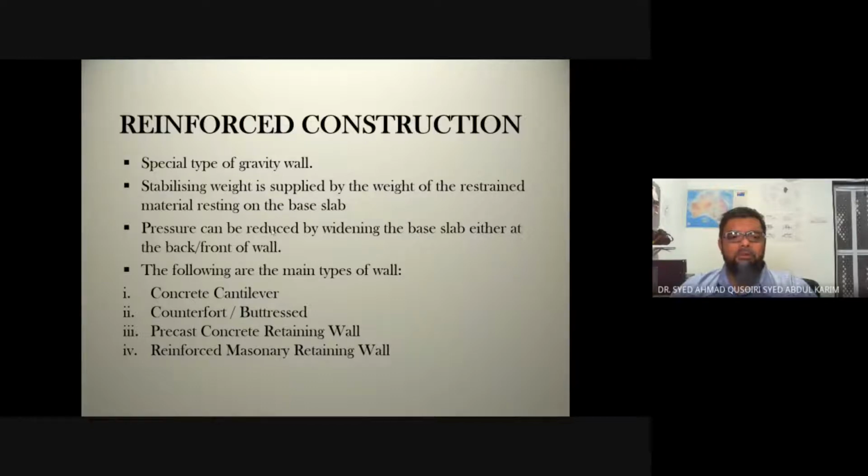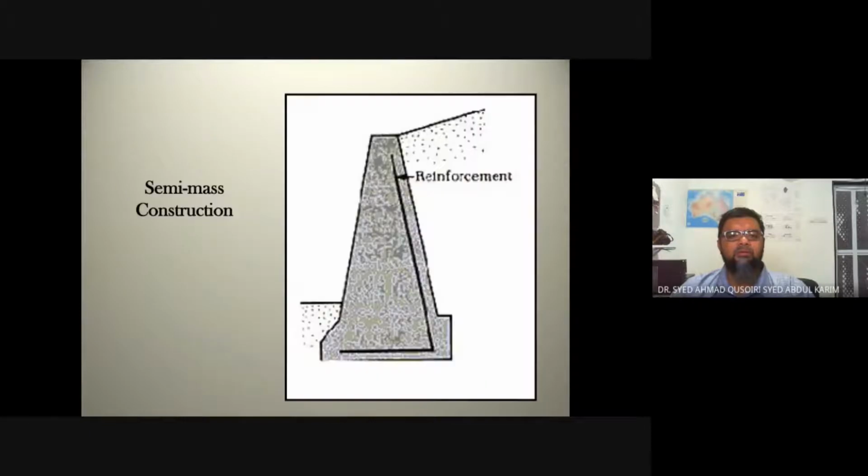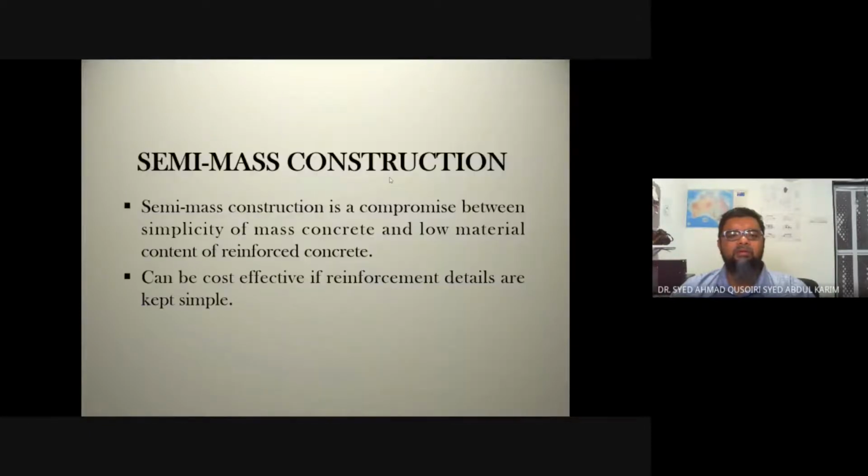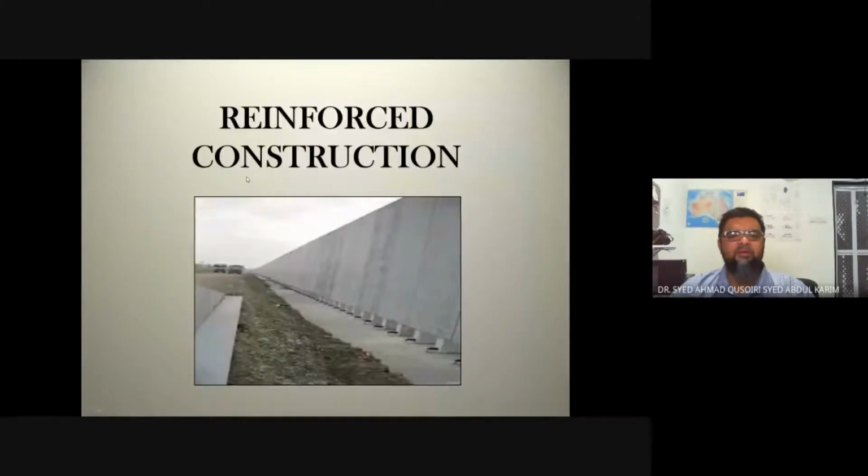So pressure can be reduced by widening the base slab at the back or front of the wall. The types are concrete cantilever, counterfort, buttress, precast concrete, and reinforced masonry. So we are done with semi-mass. This is reinforced construction.